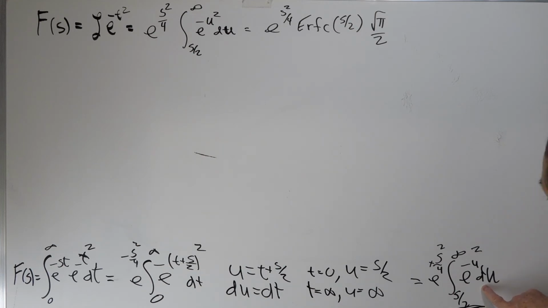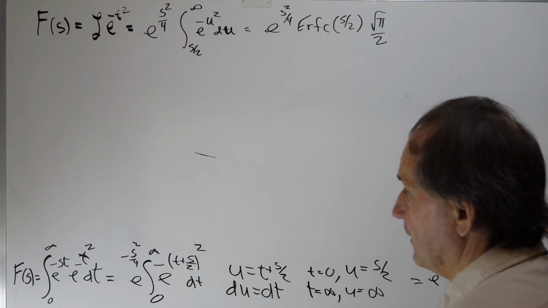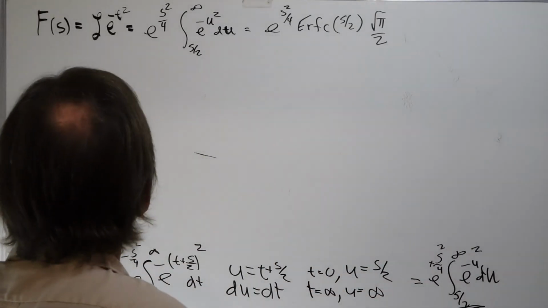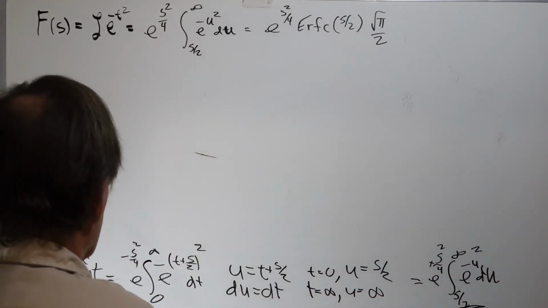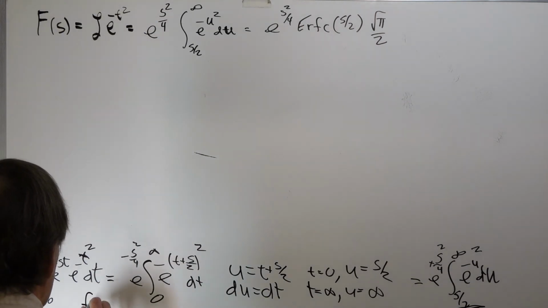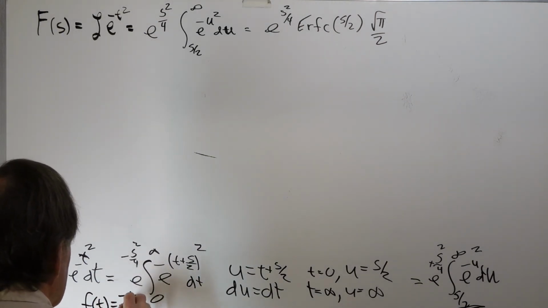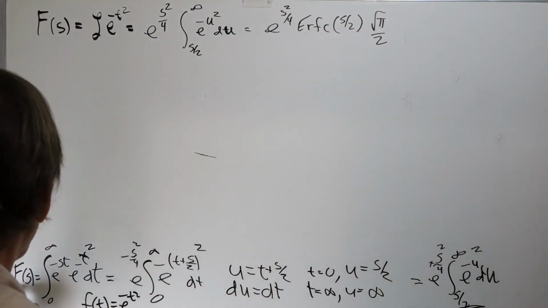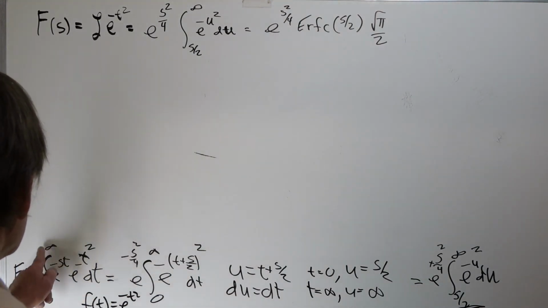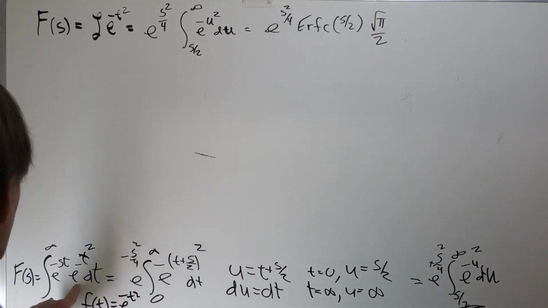So to recap, what we did here is we have a function f of t, which is e to the minus t squared, and we're finding the Laplace transform. This is the Laplace transform integral.